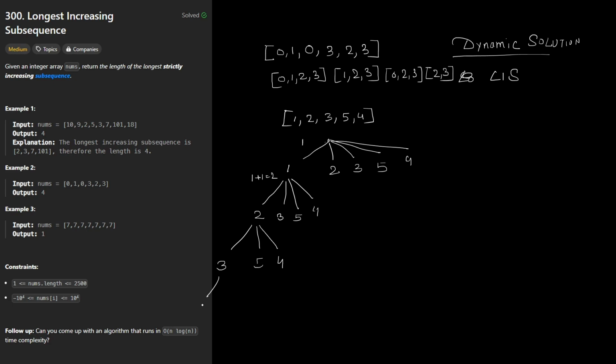From 3, I can take 5, 4. Then from 5, I cannot take 4 because 4 would not be strictly increasing. So here the longest increasing subsequence would be 1 plus 2 would be 3, 1 plus 3 would be 4. So it would be 4.